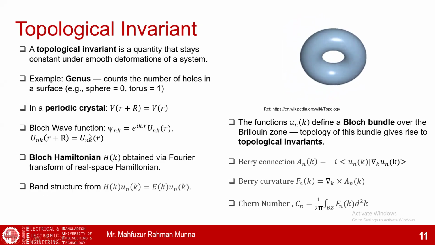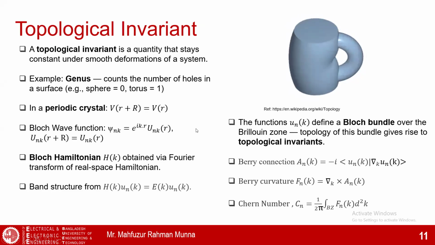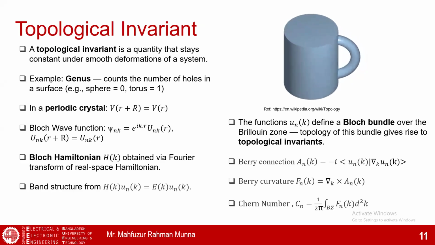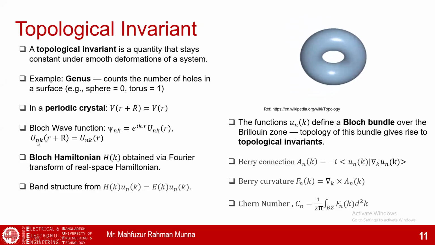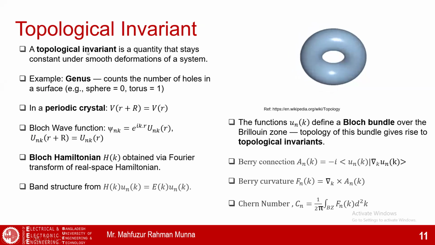That means the Bloch wave function psi of k is equal to e to the power i k dot r times u_nk(r), where e to the power i k dot r is a plane wave part and u_nk(r) is a term which is periodic due to the periodic nature of the crystal. Now, the periodicity of the Bloch Hamiltonian determines the topological invariant.